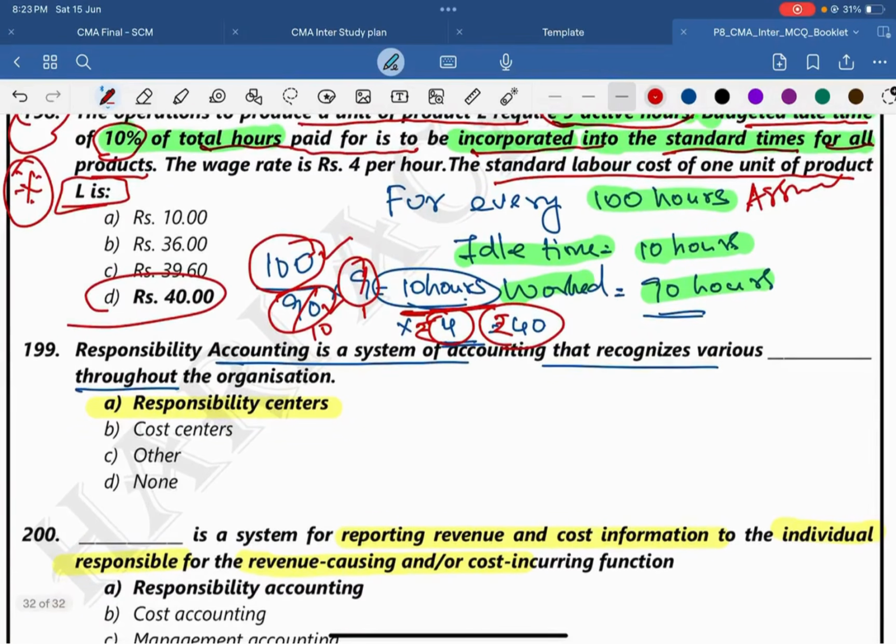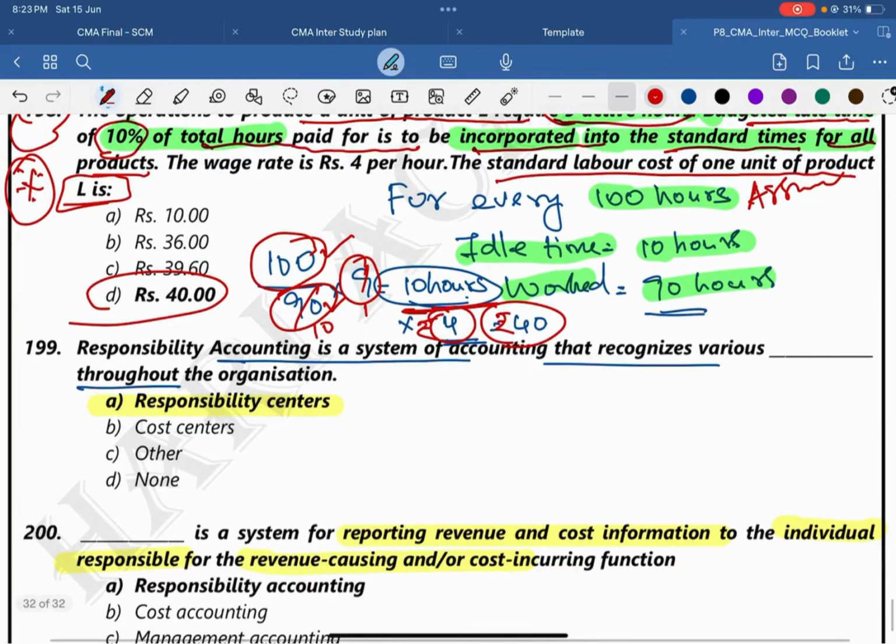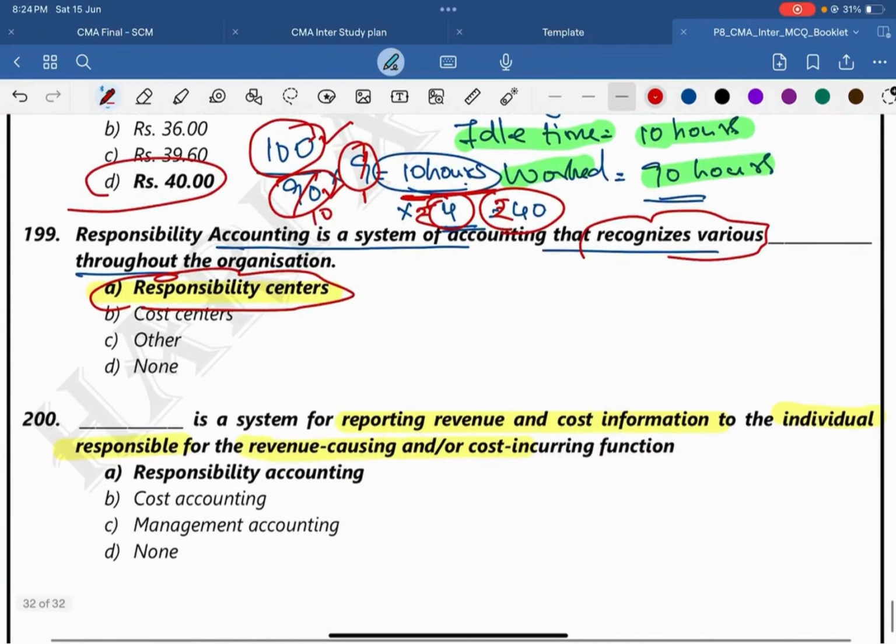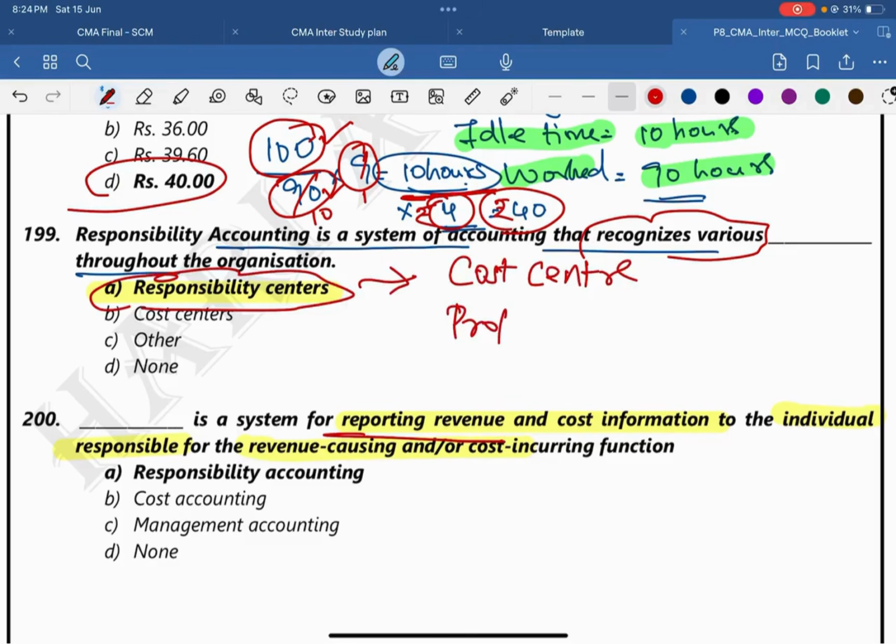199. The responsibility accounting is a system of accounting that recognizes various dash throughout the organization. Responsibility centers throughout the organization. As I already spoke, with responsibility centers, first one is cost center, next one is profit center, next one is revenue center, next one is investment center.